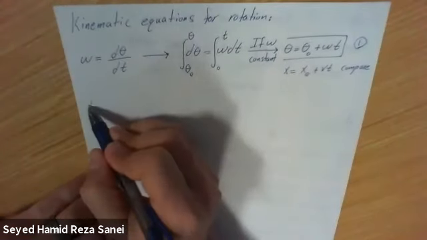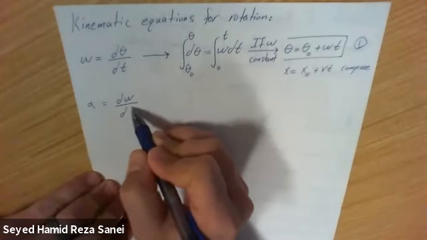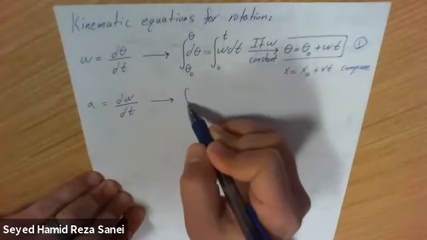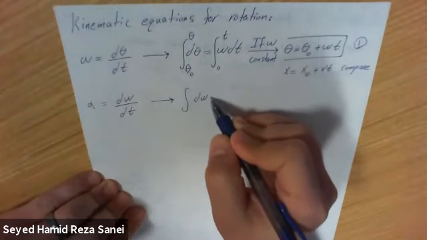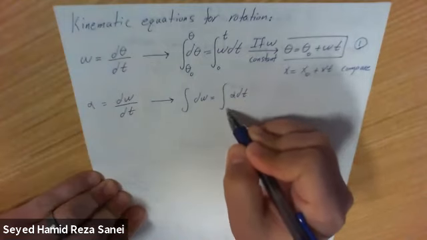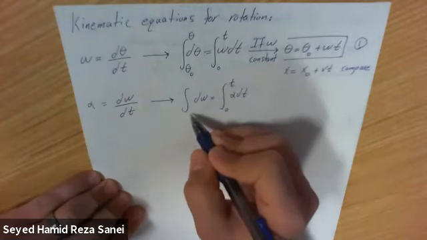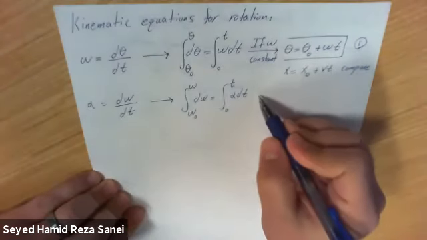Alpha is d omega over dt. We do the same thing, we rearrange it. So we have d omega equals alpha dt, changing from 0 to t here, omega naught to the final.